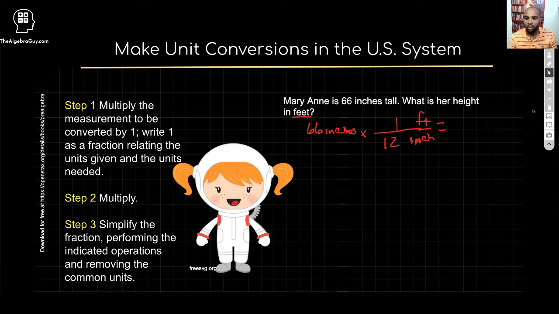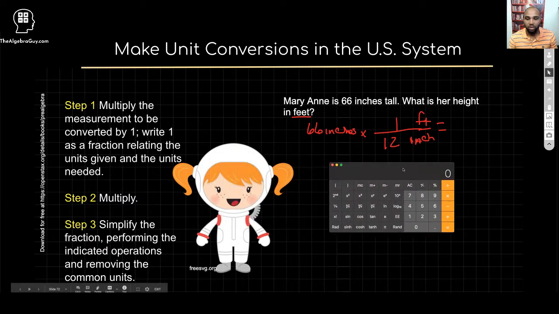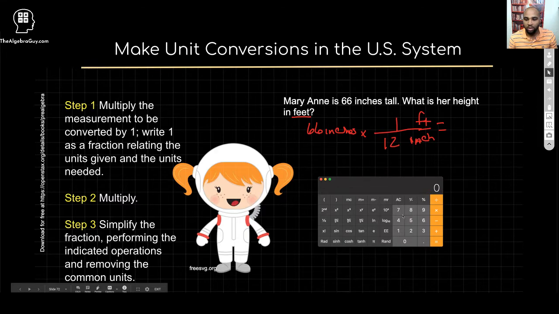So let's do that. How many feet is that? Let's get my calculator out. 66 divided by 12 is 5.5. So we now know that Miss Mary here is 5.5 what? Inches have been crossed out because they cancel. Inches divided by inches.